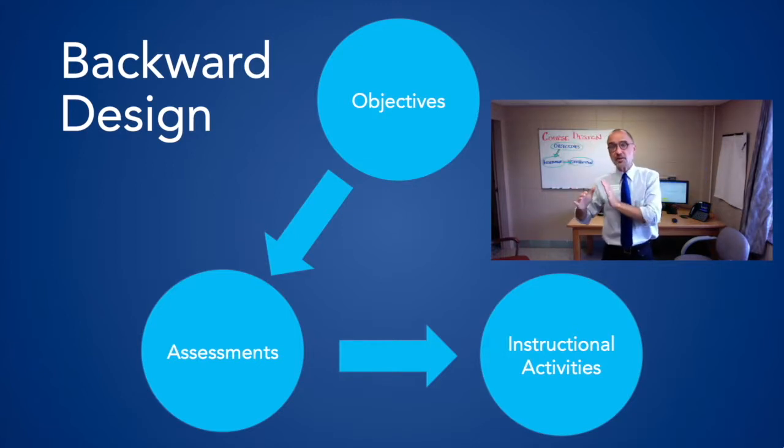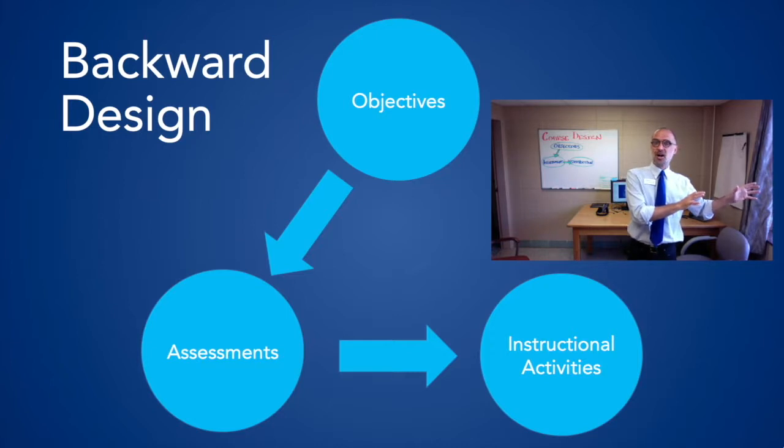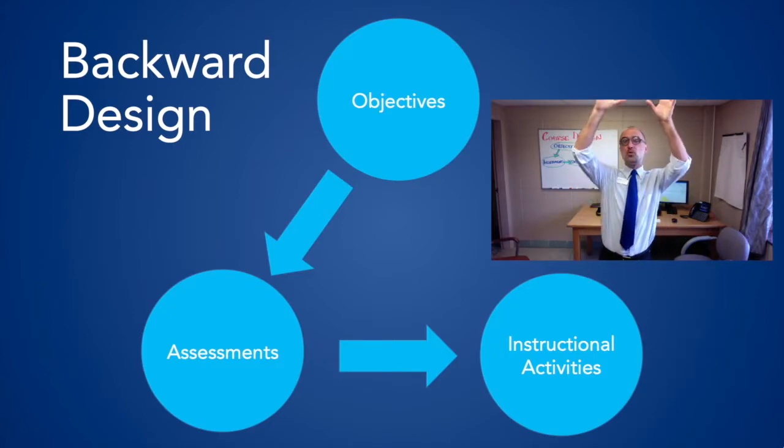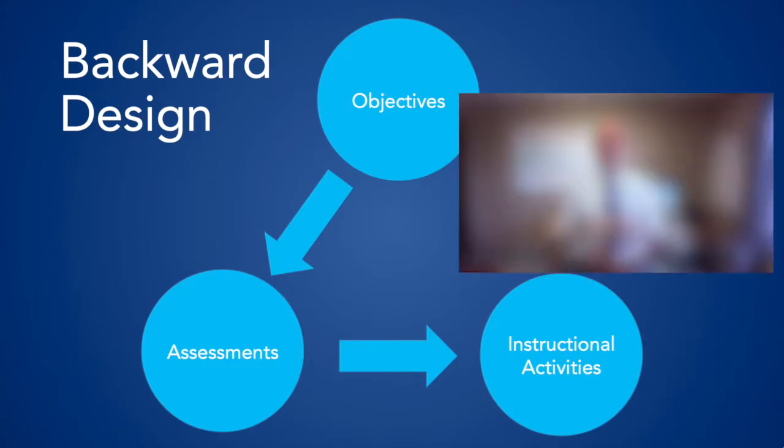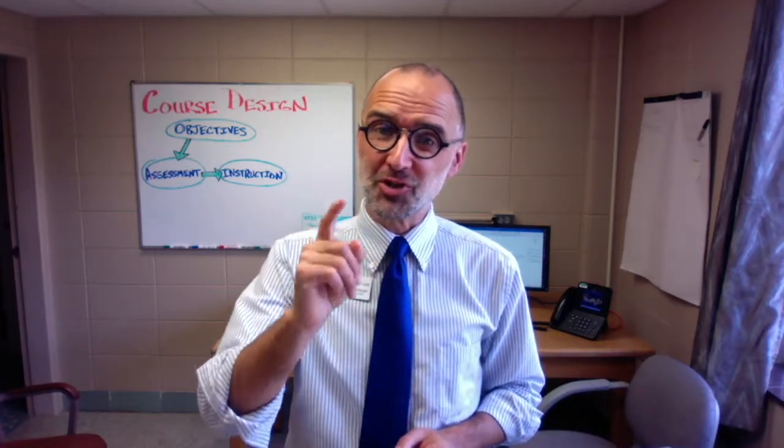Then we figure out what evidence we would look for, how we would measure whether students are making progress toward those objectives. And finally, in the design process, we design the activities that will help students learn, that will get them ready for the tests, that will move them toward those learning objectives. That's the backward design model. That's good course design because it will produce good student learning.